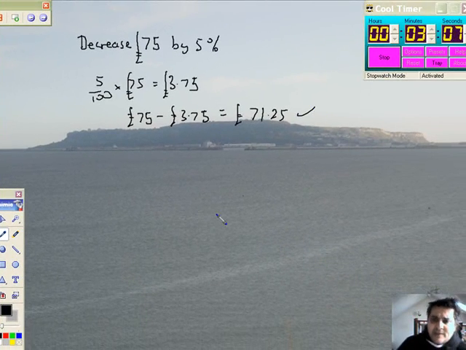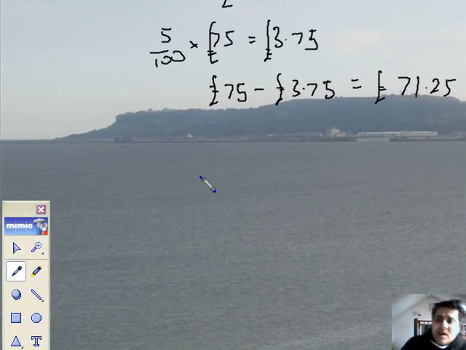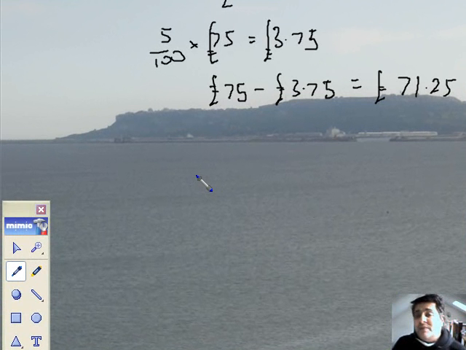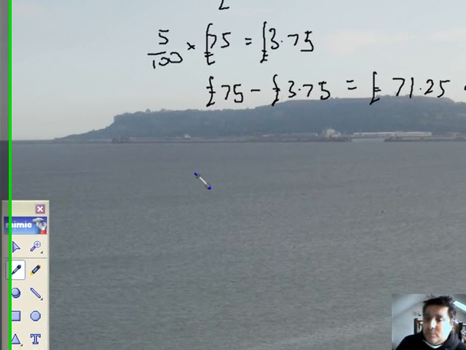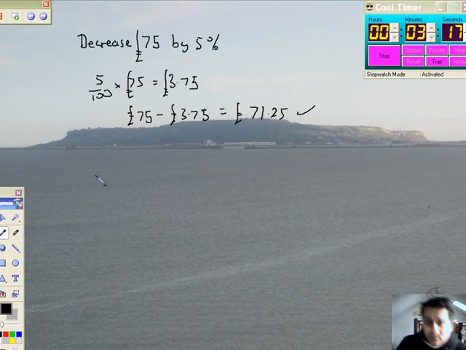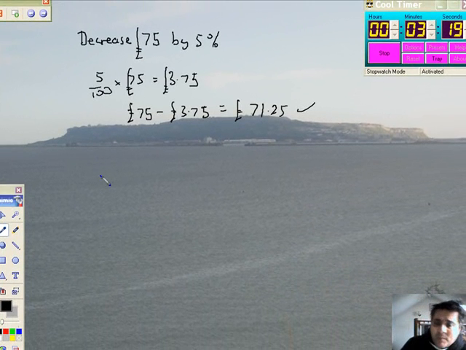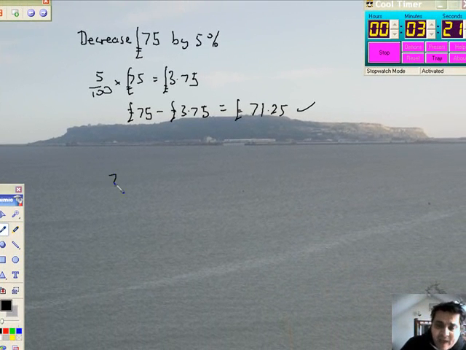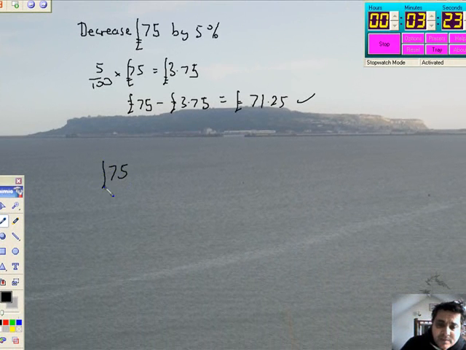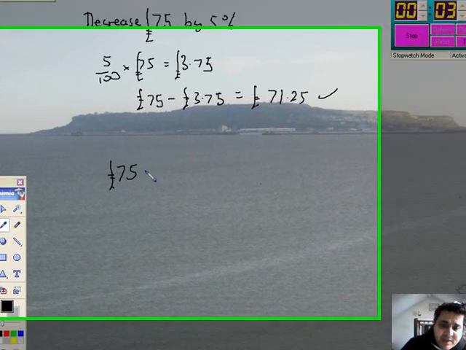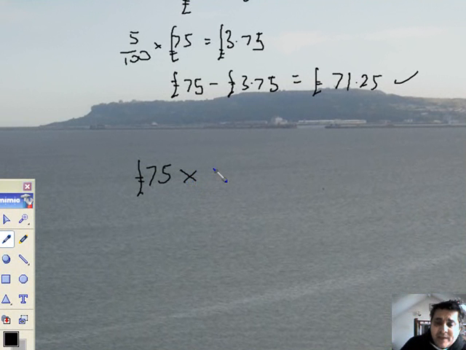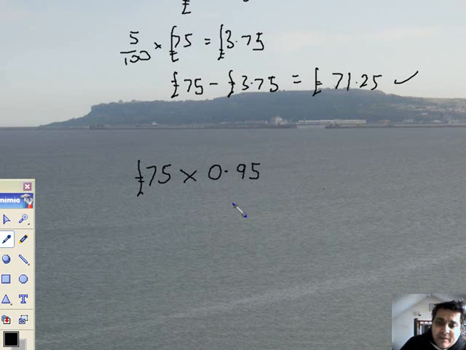I'm happy with that. Now, in terms of a multiplier, if I'm decreasing by 5%, I have 95% of my original value still present. So what I'm basically saying is, I have my £75. If I'm decreasing by 5%, I merely multiply by 95%, and that takes into account the 5% reduction, right? Great use of multipliers.